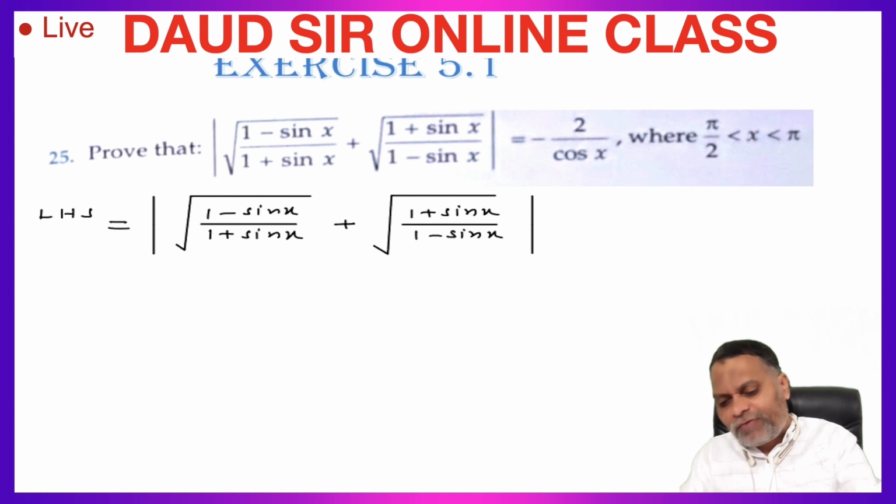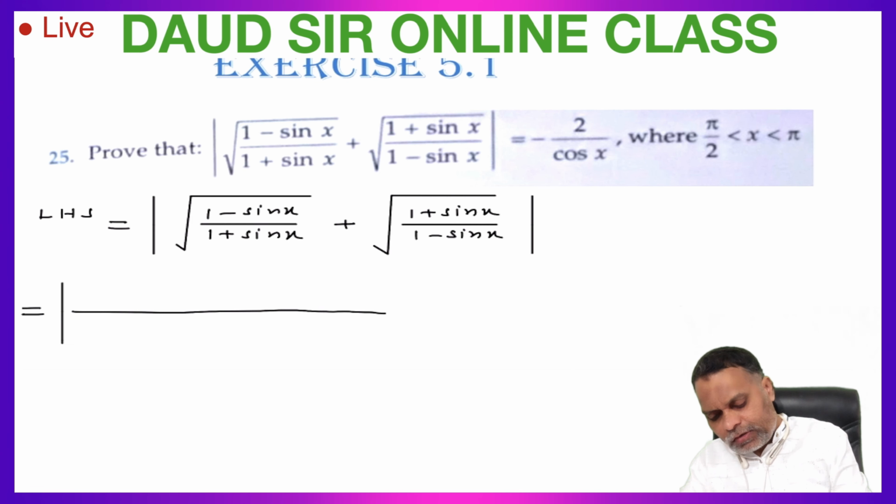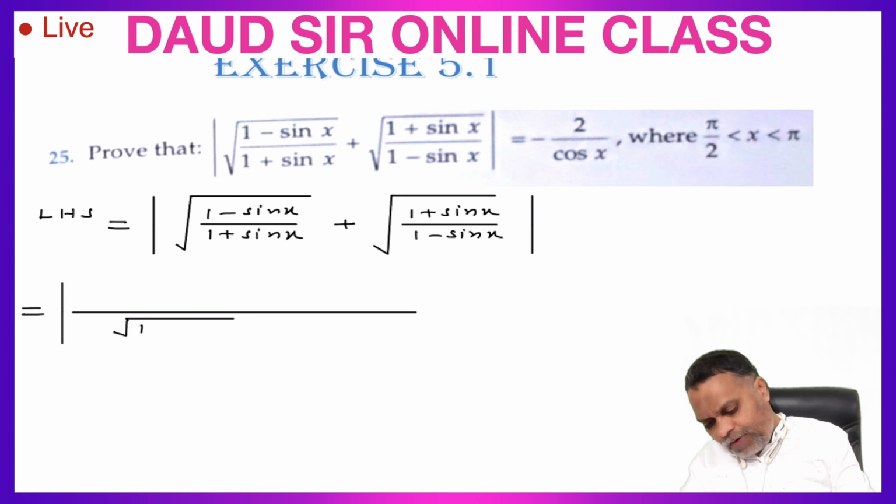In LCM we can take under root 1 plus sin x into under root 1 minus sin x, which is equal to under root 1 plus sin x into under root 1 minus sin x.